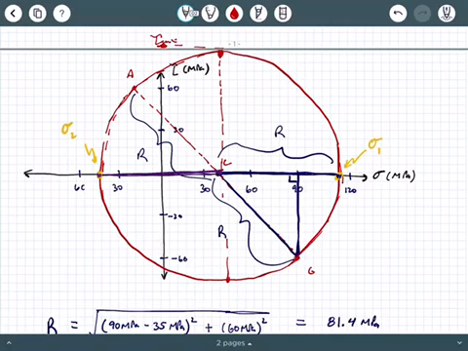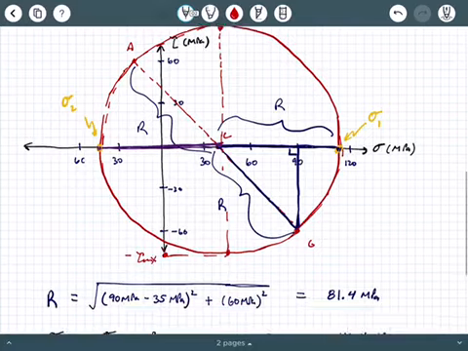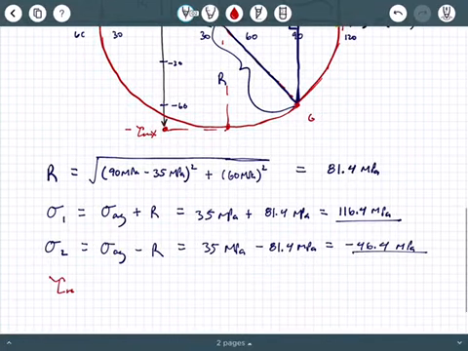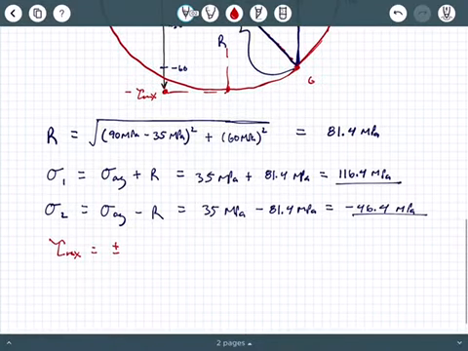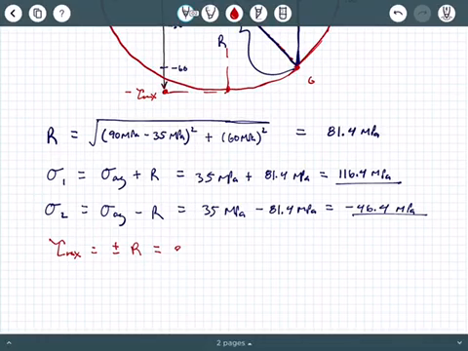They asked for the principal stresses, and the problem also asked for the maximum in-plane shear stress. So check this out. Tau max happens where? It happens at the very top of your circle, or you could think of it as also happening at the very bottom of your circle. Right here I'm going to give this value as tau max, the positive tau max, and this value over here would be the negative tau max.